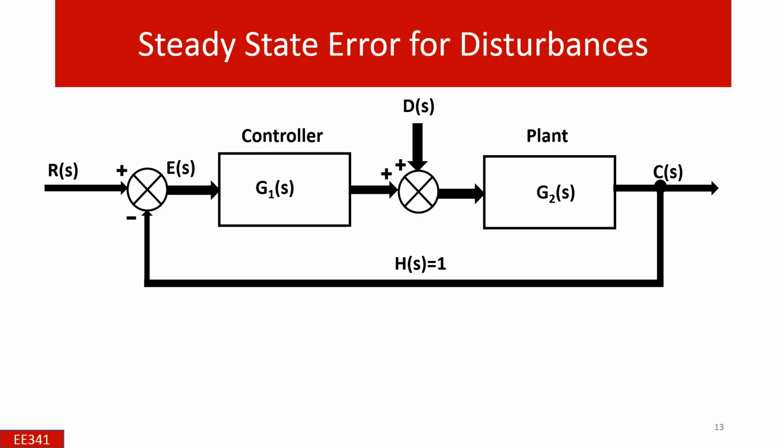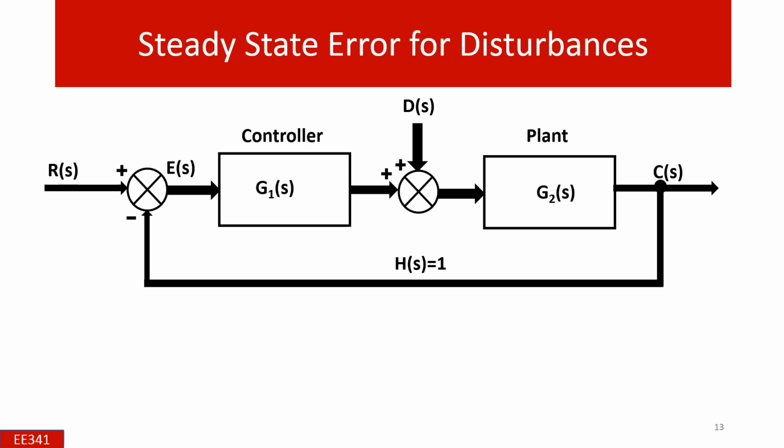Now, the next very important topic related to the steady state error is when some unwanted signal is added between the controller and the plant, and how this type of disturbance affects the steady state error. This is our main topic. In this diagram, R(s) is the required input value and E(s) represents the error signal.